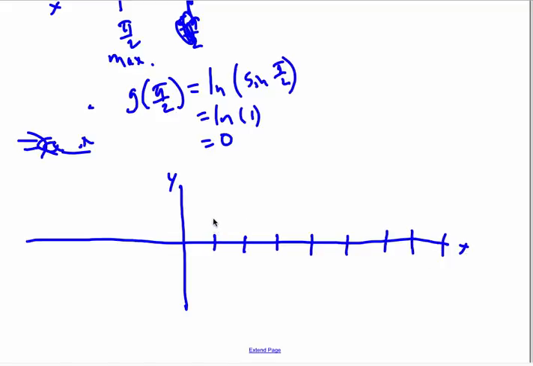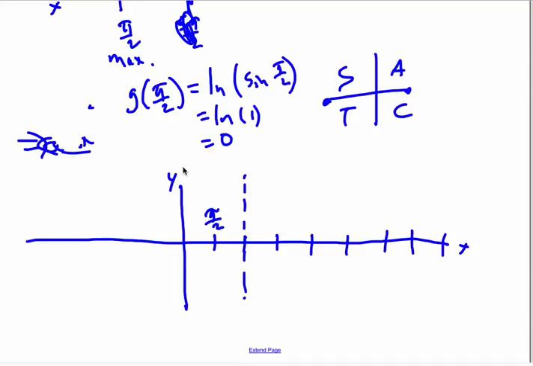So this is pi over 2, and remember sine is equal to 0 here and here, so we're going to have asymptotes there where the function is undefined, or actually we're going to have big chunks where the function is undefined. So we're going to have asymptotes here. This is a maximum. Remember, it's always concave down, so the function is going to look like that.